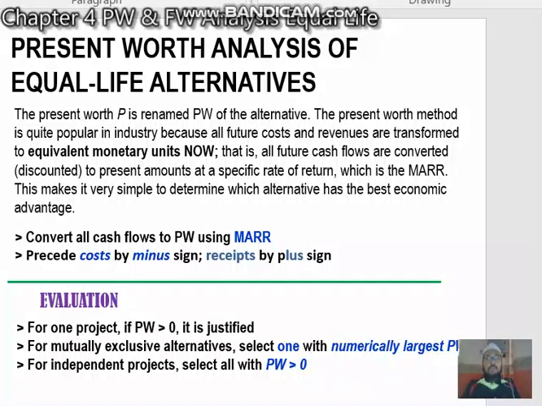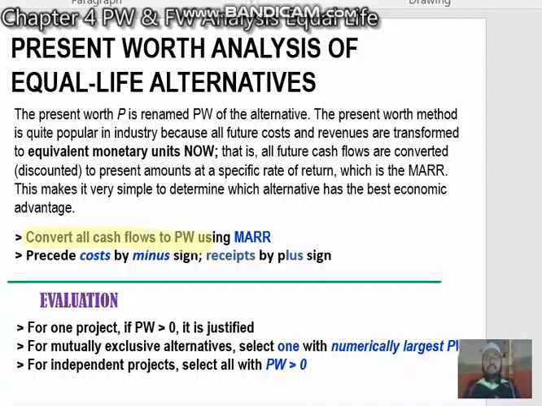So what is PW analysis? PW analysis converts all the future cash flow to PW at year 0 using the MARR or interest rate given. So all the future values are being transformed to equivalent monetary units now, or year 0.